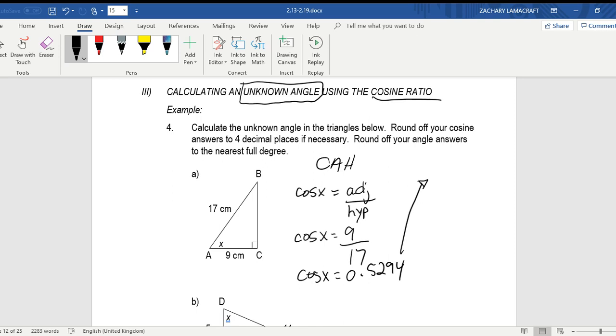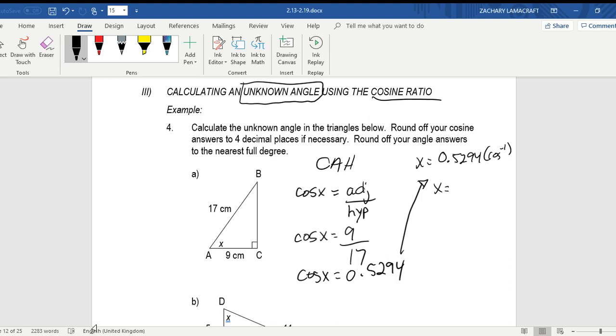And because we're finding an angle, we have to use x is equal to cos -1 of 0.5294. And our answer, if somebody wants to write that in the chat, please, to the nearest degree would be what? Awesome.